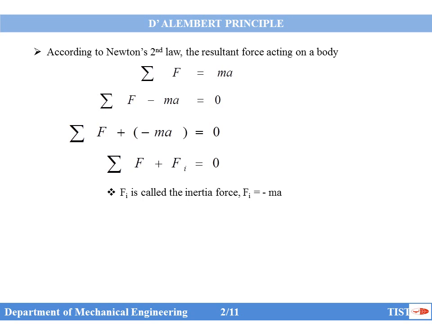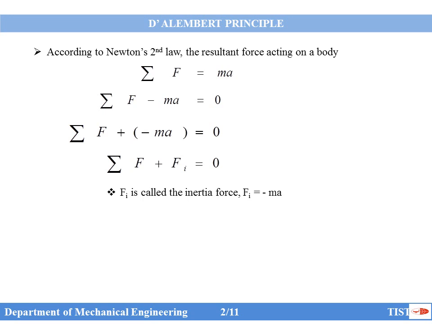If you closely look at that equation, sigma F plus Fi equal to 0, it looks like the equation we used in statics, where resultant force is equal to 0. It is not exactly the same, but it is similar.